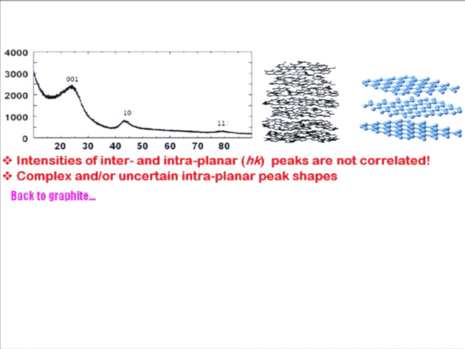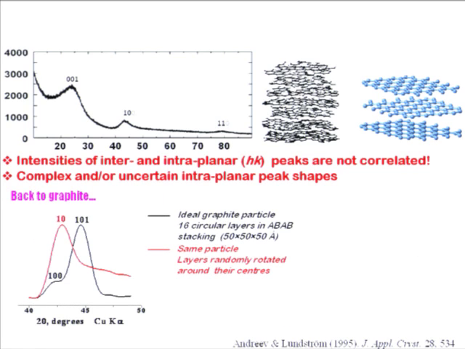So if we go back to graphite, and consider just a small particle of graphite of this size, consisting of 16 layers in a perfect ABAB stack, and then, once again, we rotate each layer randomly, then the peak shape changes like so.